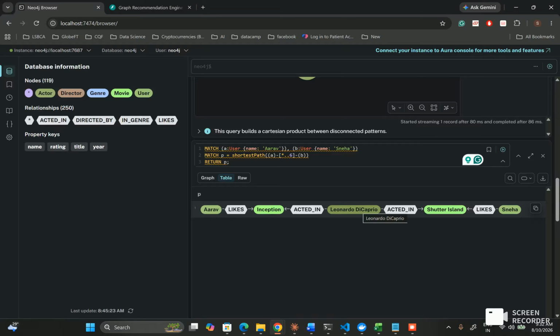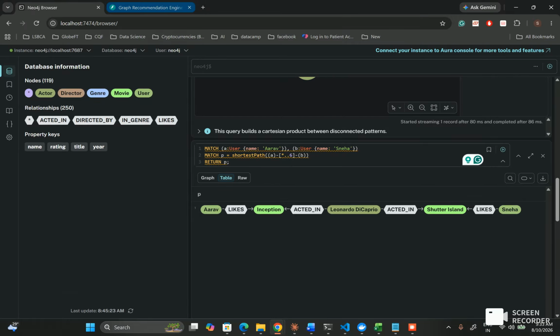Notice the arrows flip direction twice. One, two, one, two. Shortest path doesn't care about direction or relationship type over here. It just finds the shortest real connection, that is through Leonardo, because they're not sharing any movie. I hope you're getting it clear over here.